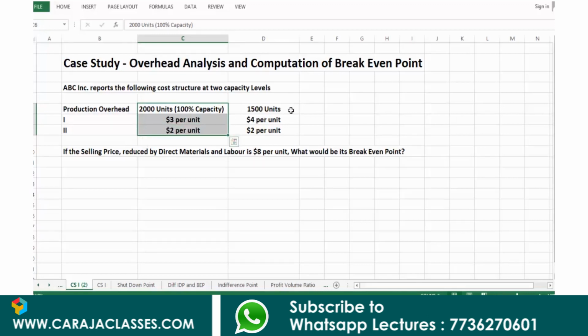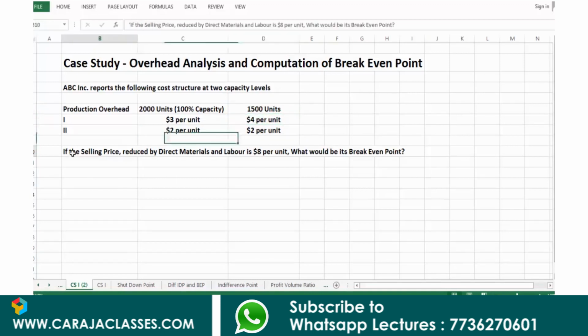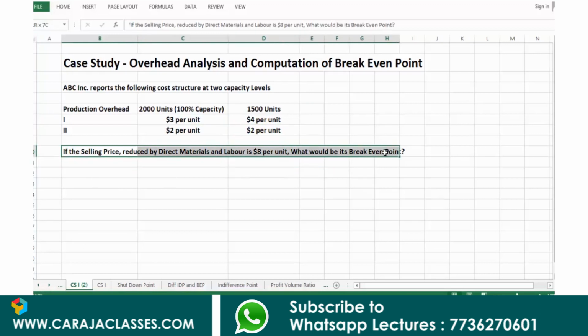And when production is 1500 units, production overhead 1 is $4 per unit, and it's $2 per unit for 2. If the selling price reduced by direct materials and labor is $8 per unit, what would be its break-even point?